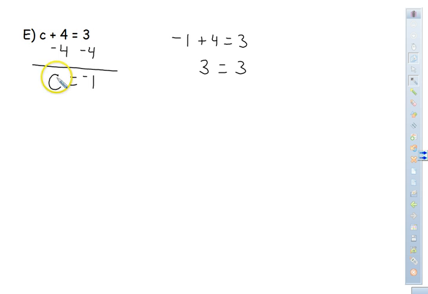One of the main reasons, and some of you may think, well, why are we not just saying subtracting 4? The reason for that is because when we begin the next lesson with subtracting problems, for example, C minus 4 equals 3, then we're going to want to make certain that we know that this is going to end up becoming a positive and that's a negative, so you're then going to be adding a positive 4 to both sides.